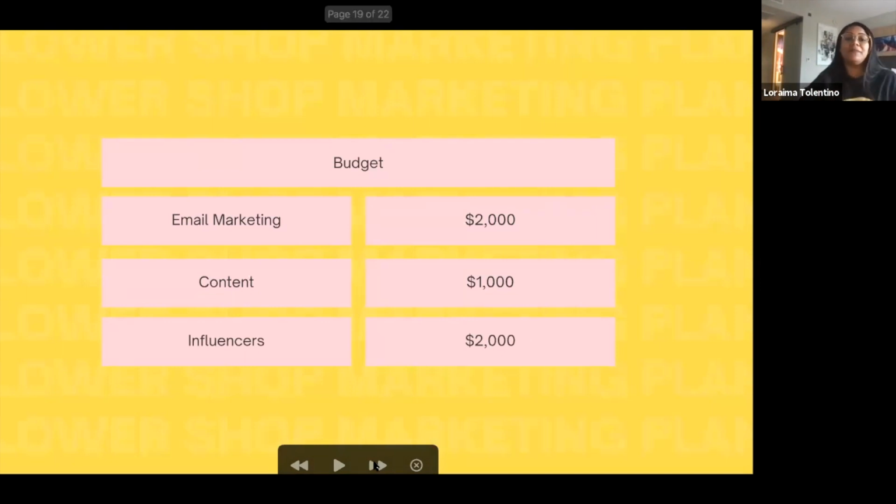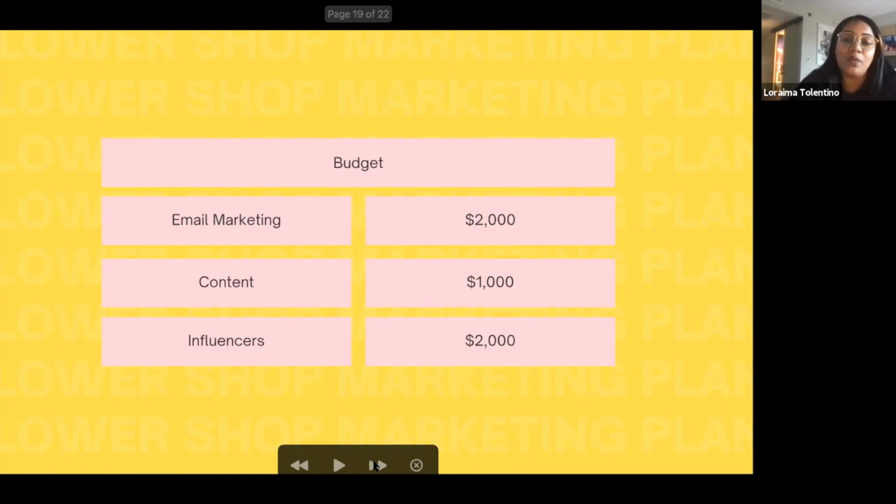So for budget, the flower company had 5K. So this is how we are dividing that budget. We're putting 2,000 towards email marketing, which goes for the targeted ads and for the creation of that campaign. And then for the user-generated content, since this flower shop is already so good at creating content, we'll give them the least.